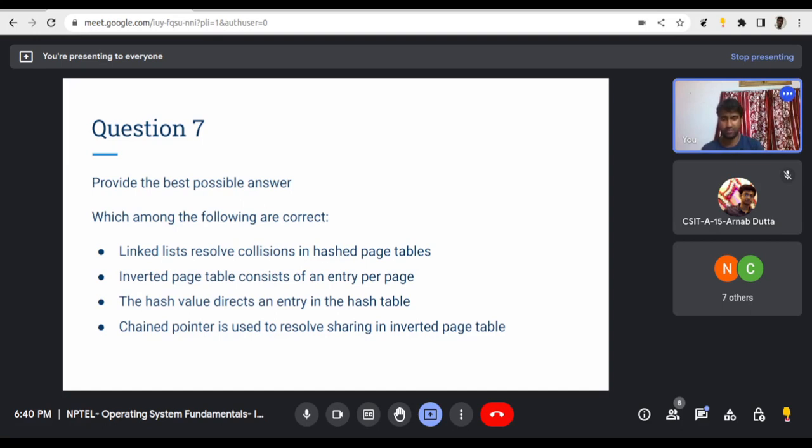Okay, so that is what the inverted page table is. Instead of storing entries for the virtual memory, it stores entries for the main memory.